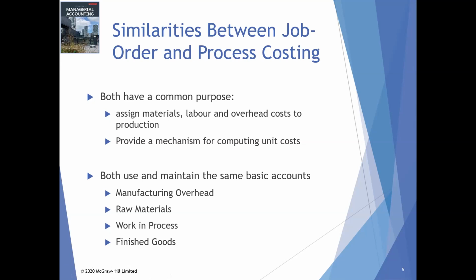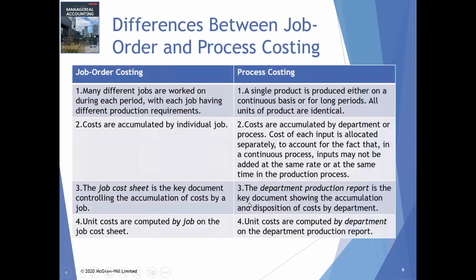In both cases, we find the cost per unit. Both use and maintain the same basic accounts: manufacturing overhead, raw material, work in progress, and finished goods. All of these are the same. These are some of the similarities we discussed.